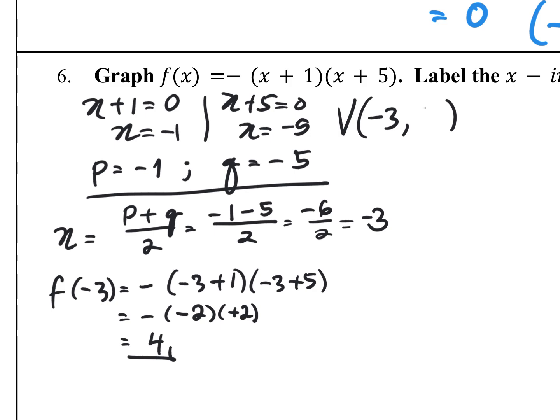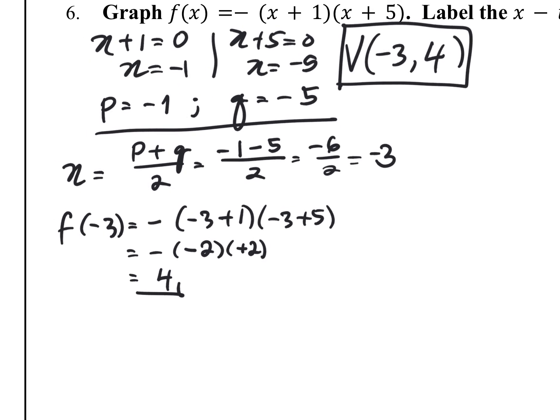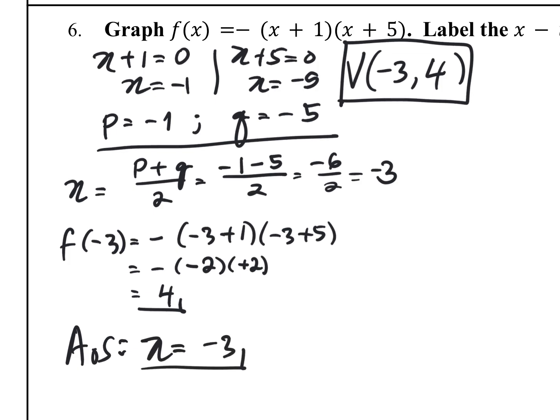So this is now my vertex, negative 3, 4. Using my vertex, I can now find my axis of symmetry, which is the x coordinate, so x is equal to negative 3. What else?